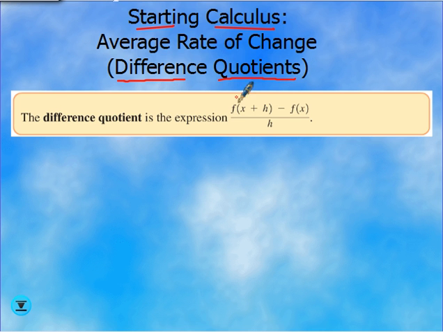The difference quotient is the expression f of x plus h minus f of x all over h. Notice the top is what I pointed out as being so important yesterday. The difference quotient, and you can put that on your formula sheet if you'd like. The difference quotient is defined as the expression f of x plus h minus f of x all over h.